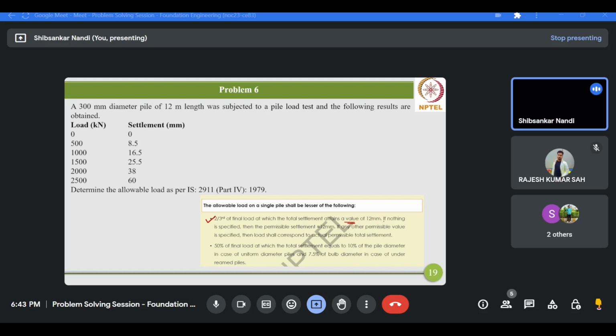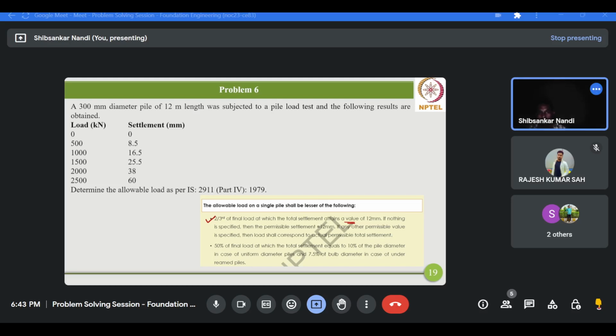In addition to that, if nothing is specified, then the permissible settlement is equal to 12 mm. If any other permissible value is specified, then the load shall correspond to the actual permissible total settlement. Okay. So if nothing is mentioned, then you have to consider the permissible settlement as 12 mm.